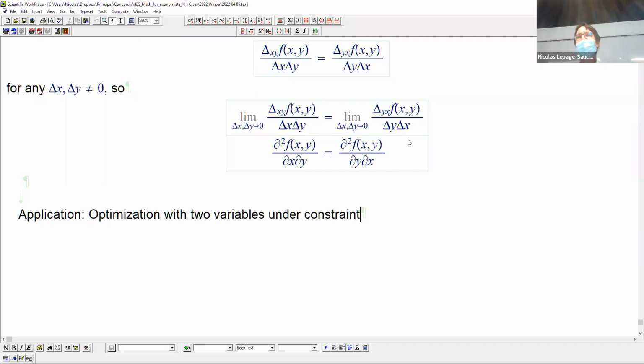We all the time need to choose between good one and good two, for instance. And so this is always a maximization under constraint. So let me show you how we can do it.